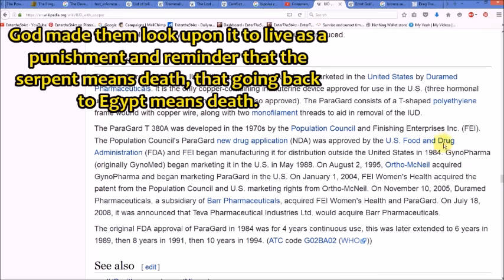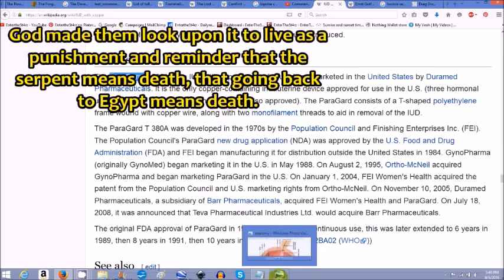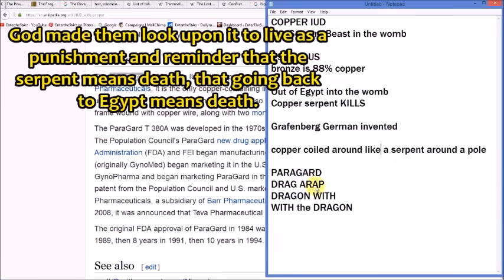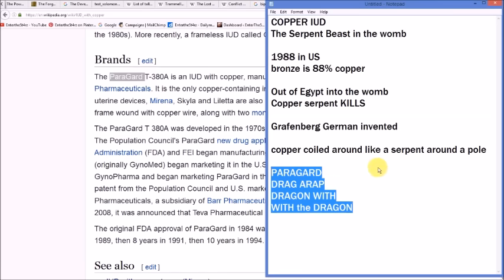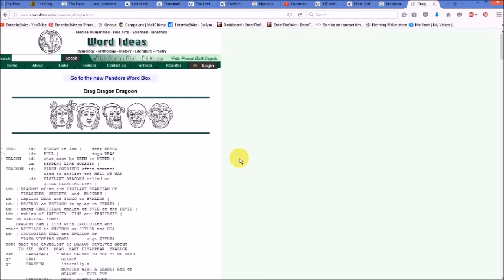Here it is, Paragard, and it is the number one copper IUD in the world. And when you take this word Paragard and you reverse it, it says drag, A-R-A-P, dragon with, because the word para means with. And so what it really means is with the dragon. So there you have it, you guys.